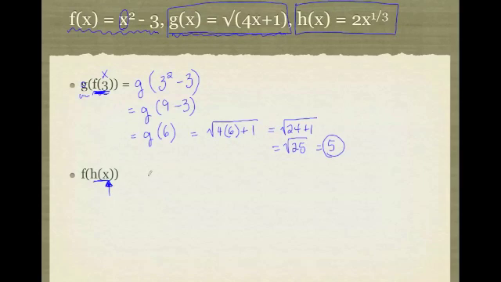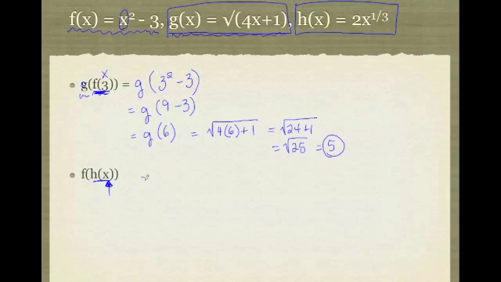So I'm not really changing my h of x. So I'm still just hunting for f of h of x. So I'm just going to copy my 2 times the cube root of x, and I'm going to put that into my f function.